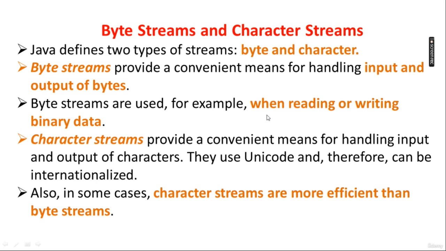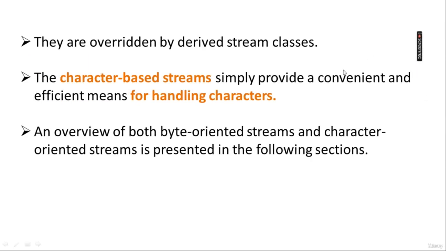In some cases, character streams are more efficient than byte streams. They are overridden by derived stream classes. The character-based streams simply provide a convenient and efficient means for handling characters. An overview of both byte-oriented streams and character-oriented streams is presented in the upcoming PPTs.